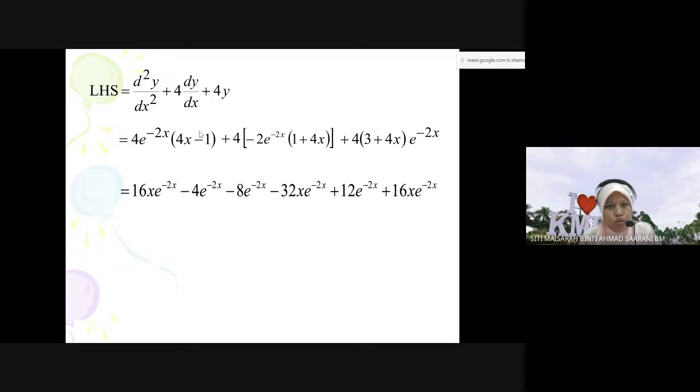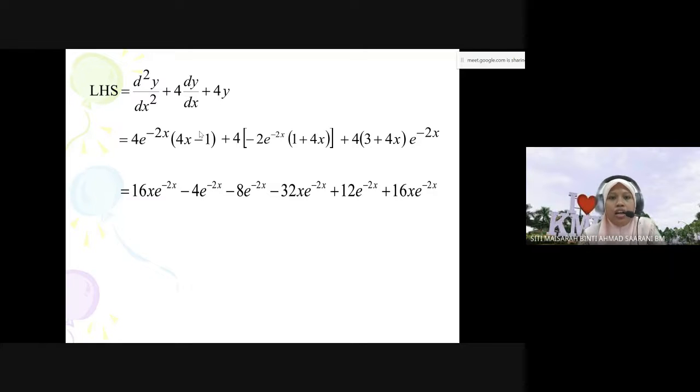Expand one by one. 4e negative 2x multiplied by 4x becomes 16x e power negative 2x, and then minus 4e negative 2x, minus 8e negative 2x. Expand again: 4 multiplied by 1 plus 4x.